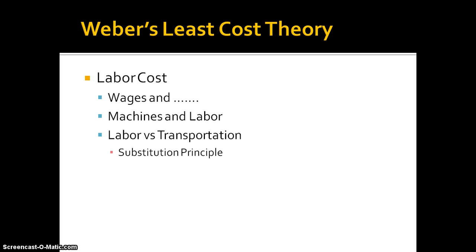It is more beneficial to pay higher transportation costs to ship goods from Asia to the United States, or maybe to Mexico to be finished and then into the United States, as opposed to employing those jobs in the United States. So they are willing to raise their transportation costs in order to lower their labor costs. And again, that's what's called the substitution principle.